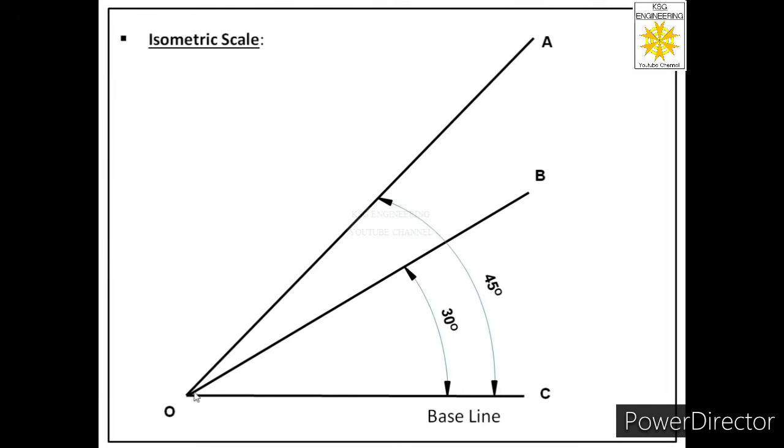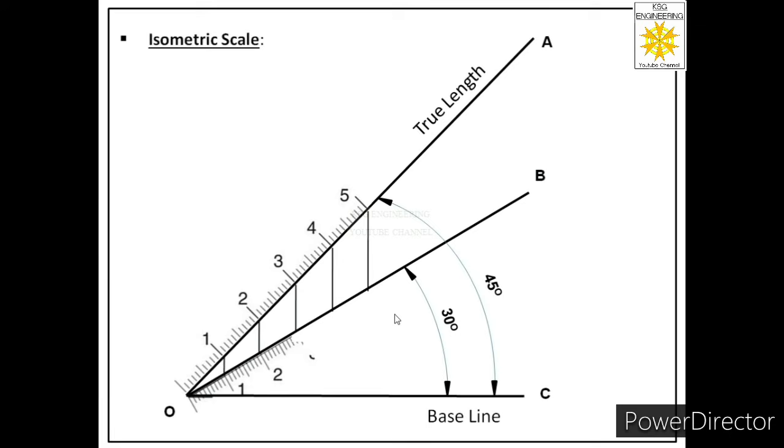After this, what we will do? On this length, we will draw actual scale. And we'll call this true length. Then from the points of actual scale marked on OA, we will take vertical lines in downward direction so that these intersect OB. Then we will use these intersections to draw a second scale on this length OB.